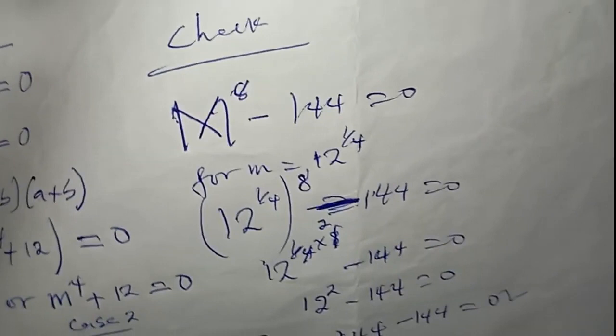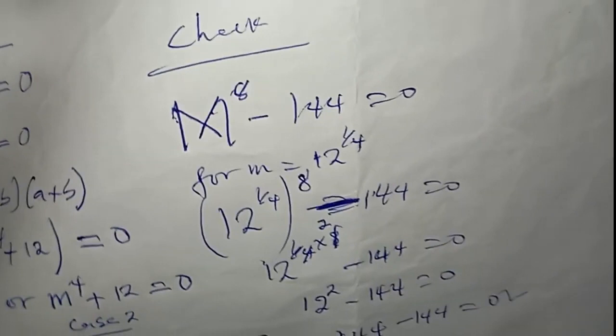This divides itself to 1, this divided by this is 2, so I have minus 12 power 2 minus 144. Minus 1 multiplied by minus 1 power 2 is positive, so what I have here is positive 12 power 2 minus 144 is equal to 0. So this is 144 minus 144 is equal to 0.